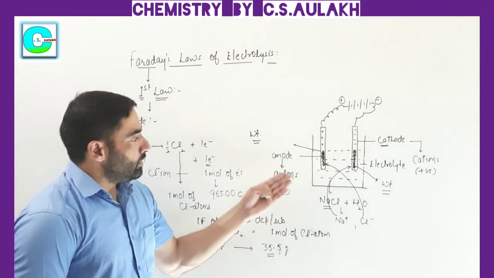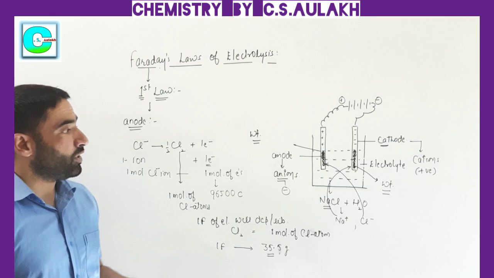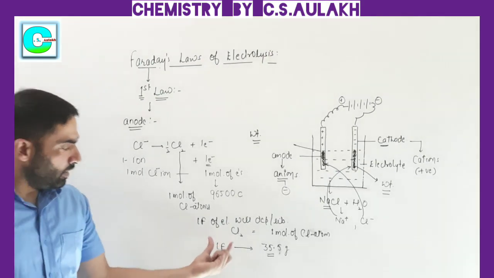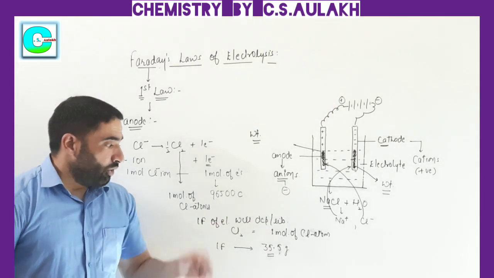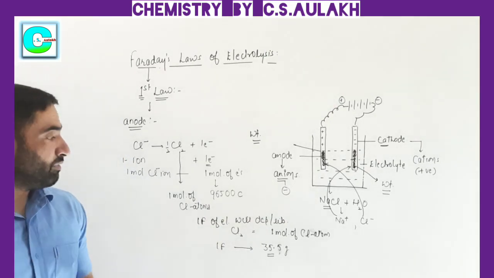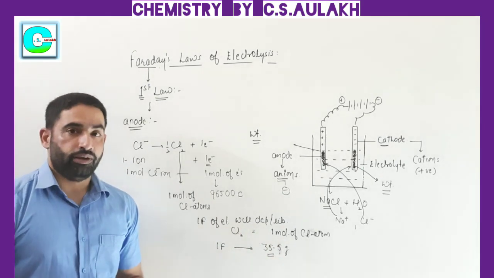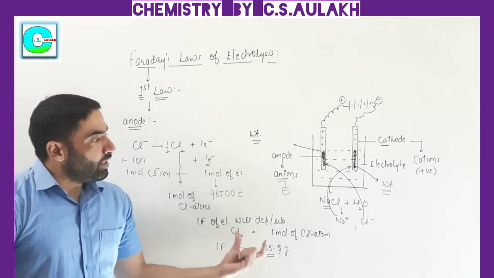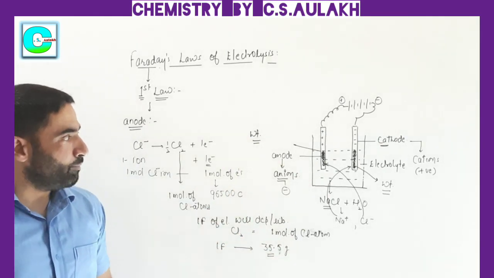This is called the quantitative aspect of electrolysis. If you double this quantity of electricity, that is you pass 2 Faraday, then the weight of chlorine produced over the surface of anode will be double this amount. We can say it is 71 now. Similarly, we can perform this calculation in certain other examples also.